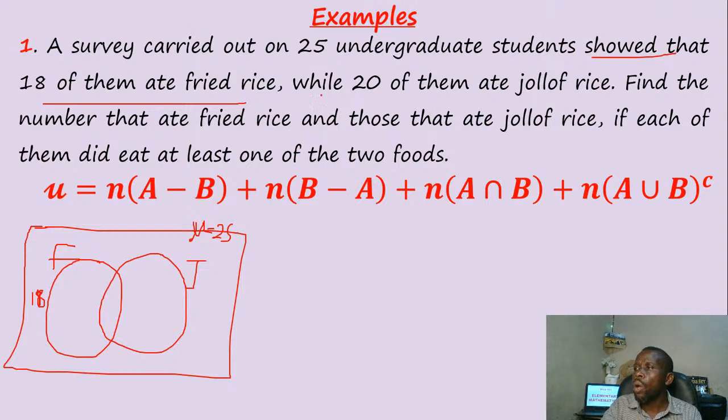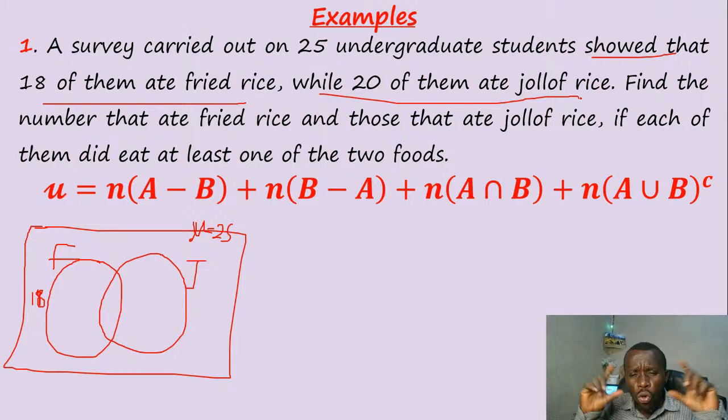Let's continue. Why 20 of them ate jollof rice? Also for jollof rice, we are not told that they ate jollof rice only. That word "only" is where that complement is coming from. If you watch the video again, you see where the complement was only. So the 20 of them ate jollof rice, but not jollof rice only. Maybe the other group, after eating jollof rice, still wanted to taste fried rice.